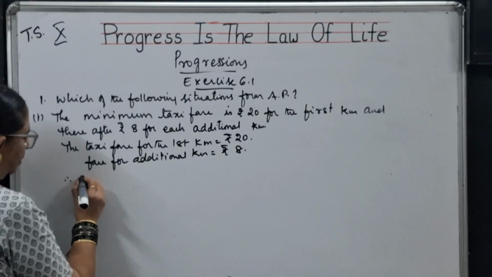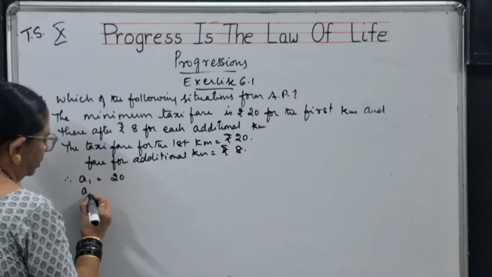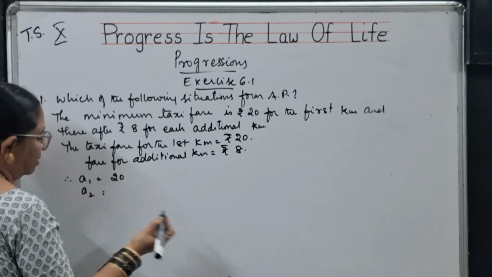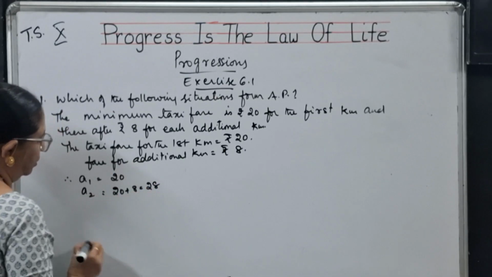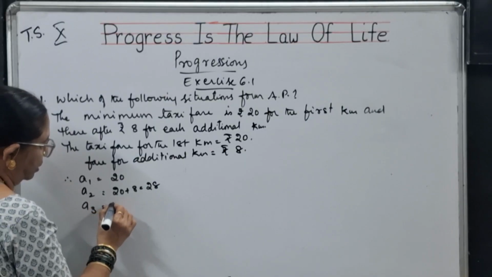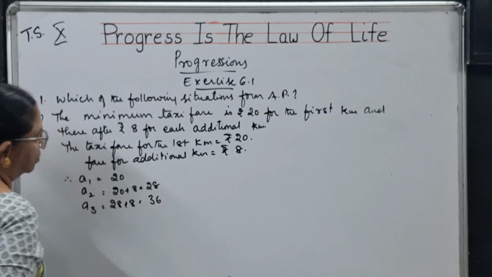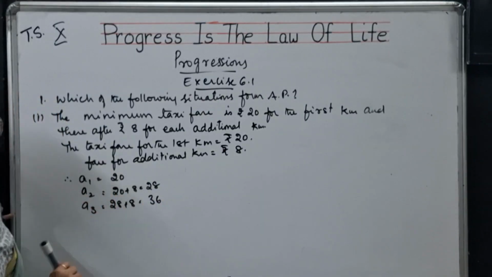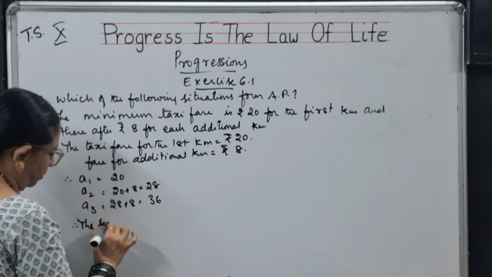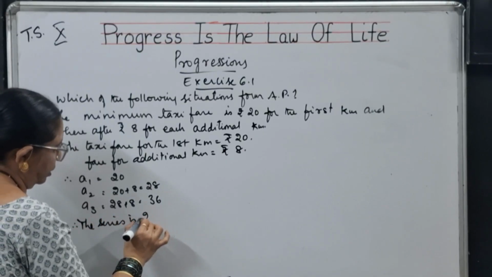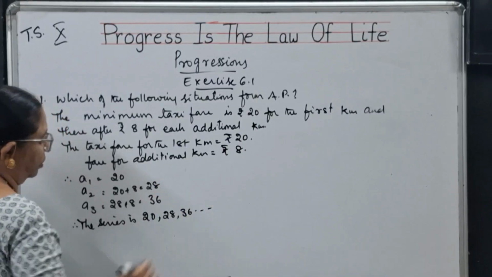So in this case, a1 can be taken as 20. And what is a2? That is the next kilometer, 20 plus 8, 28. And the next one, a3, is 28 plus 8, that is 36. So whether it forms an AP. So therefore, the series is 20, 28, 36, and so on.